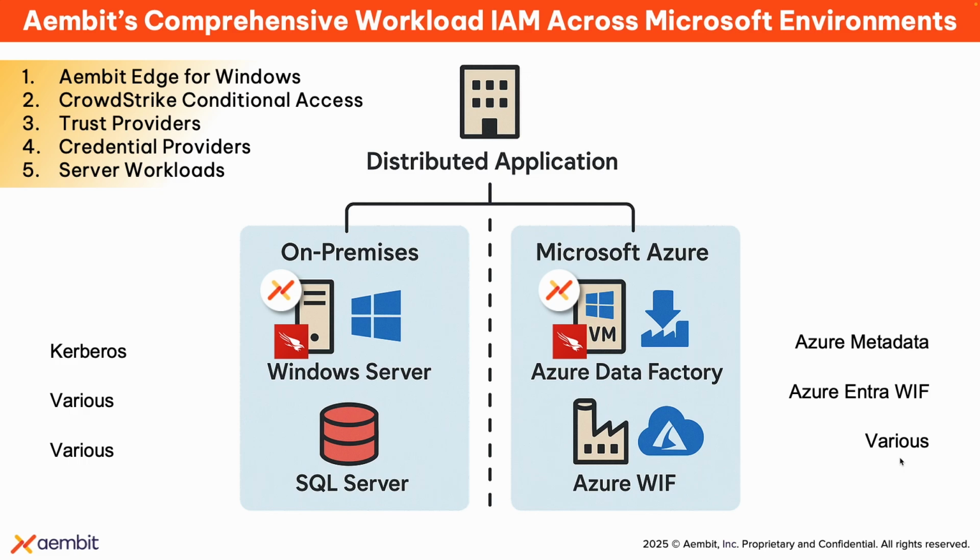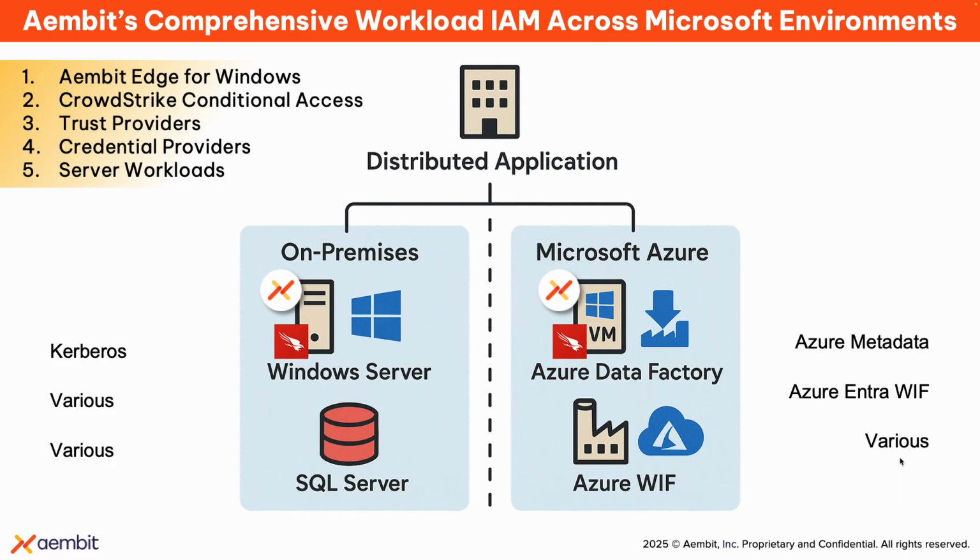We can check the state that it's in, make sure that we're doing third-party cryptographic verification of all this information. We're getting various types of credentials, either static, long-lived, or just-in-time, short-lived tokens using WIF. And then we can give you workload access to many, many different types of protocols and many different types of services, either on-prem, in Microsoft Azure, or externally.